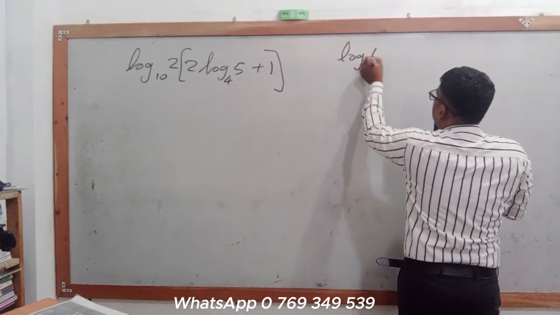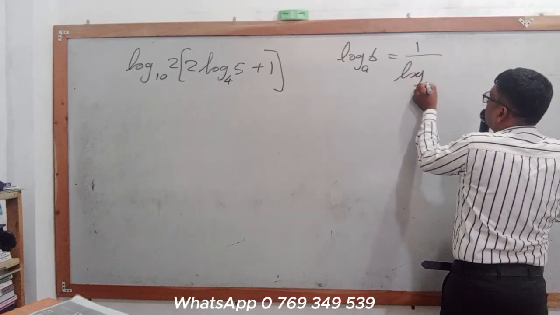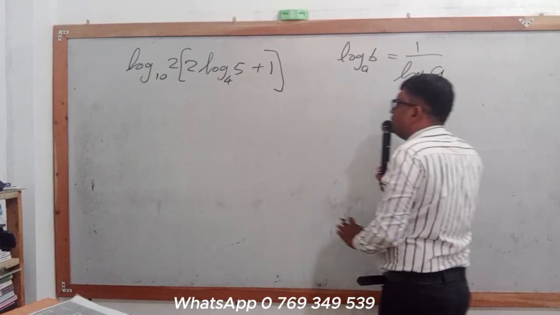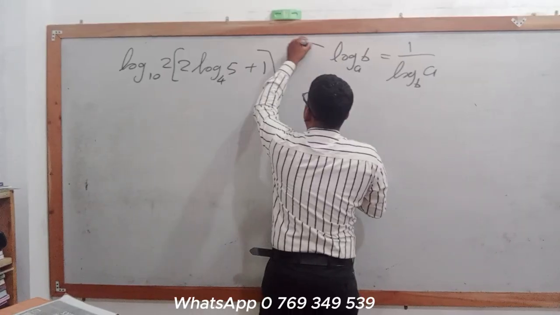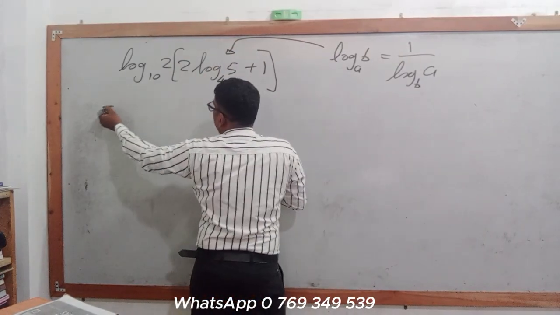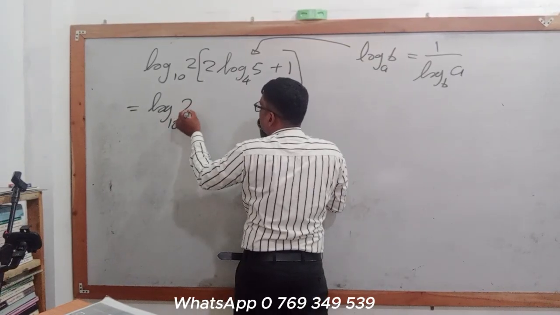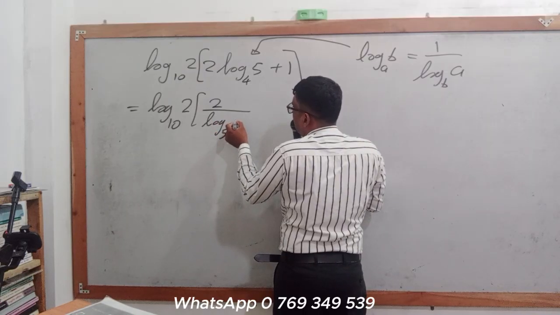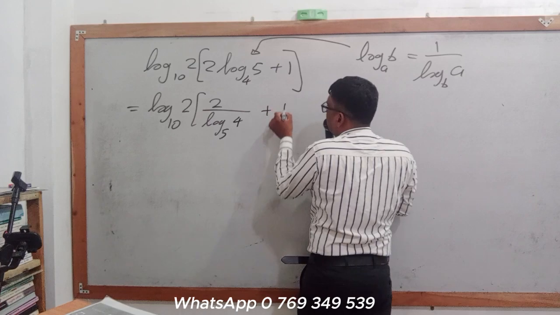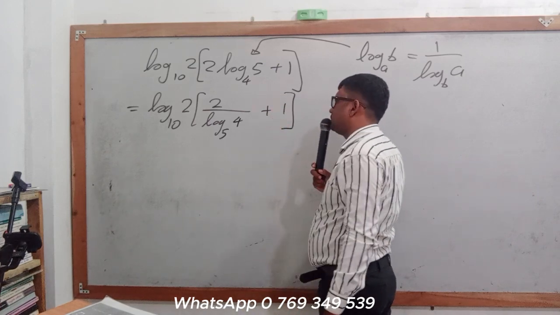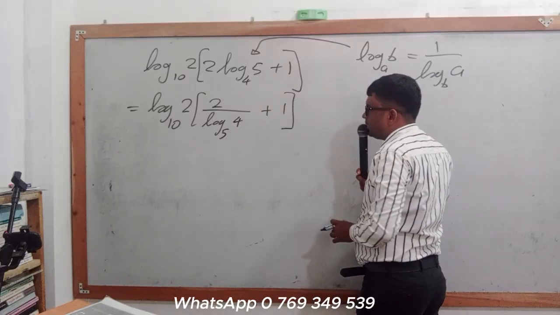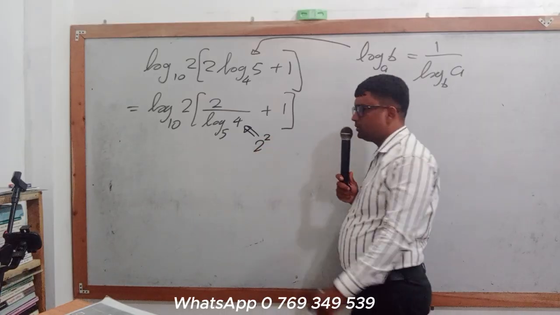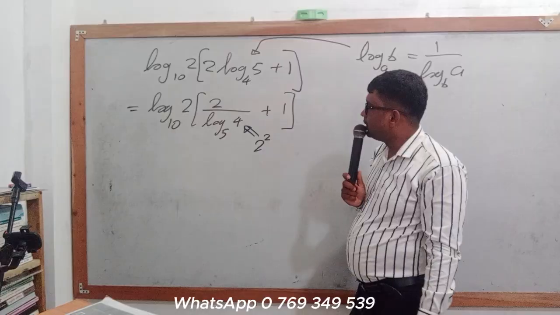Log base a of b equals 1 over log base b of a. This one is easy, I think. Using this theory here, we get log base 10 of 2 divided by log base 5 of 4, plus 1. Now we can take 4 as 2 to the power 2.